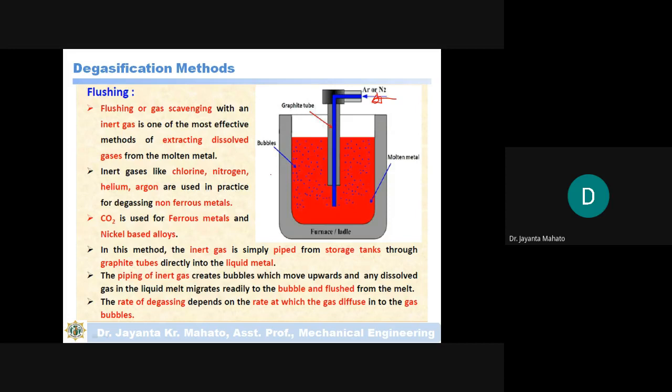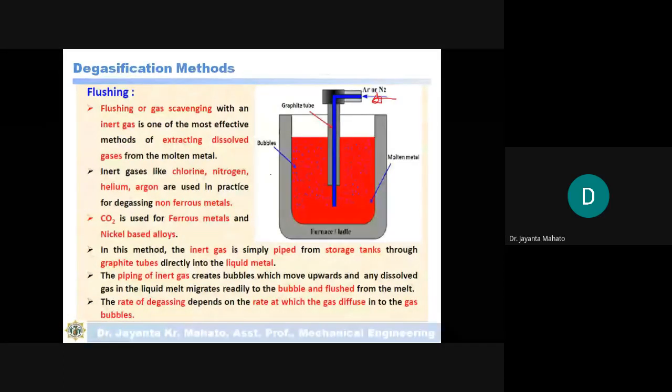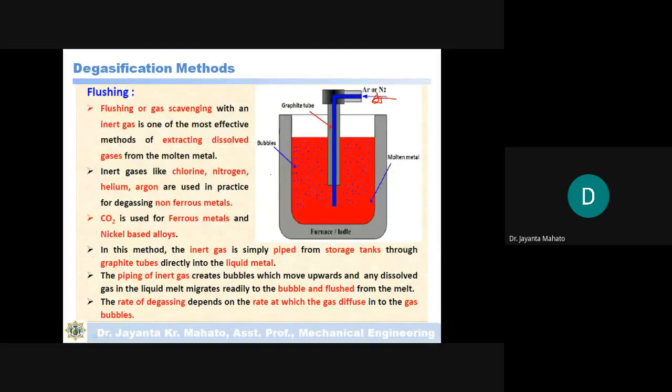By supplying these gases, bubbles are formed and move upward, and these bubbles help degasify the gases dissolved in the molten material. So this is the flushing method. By this method, you can degasify the gases formed during the casting process.